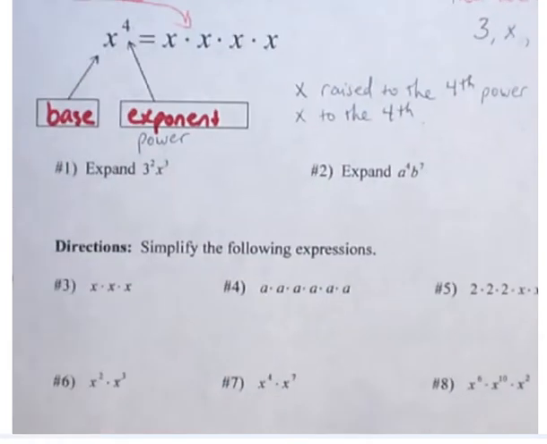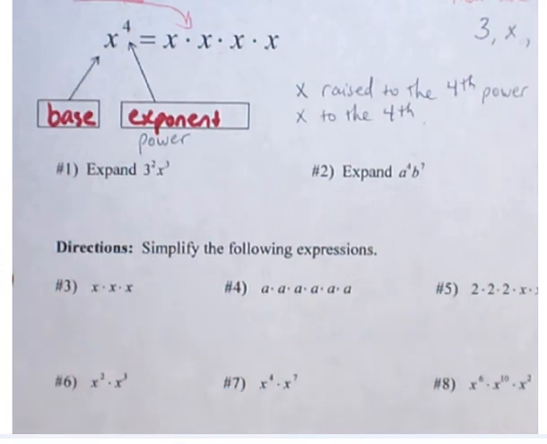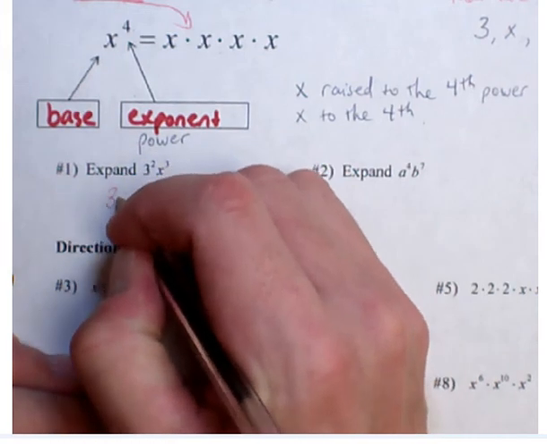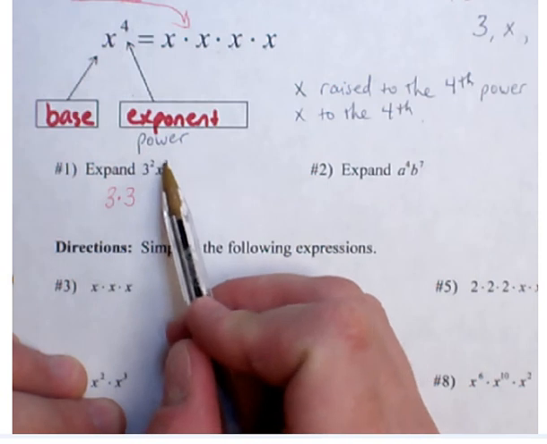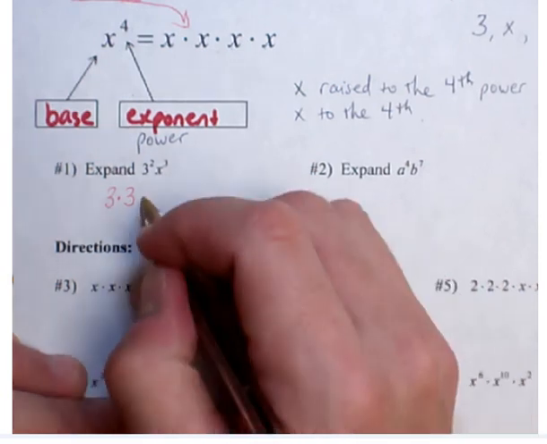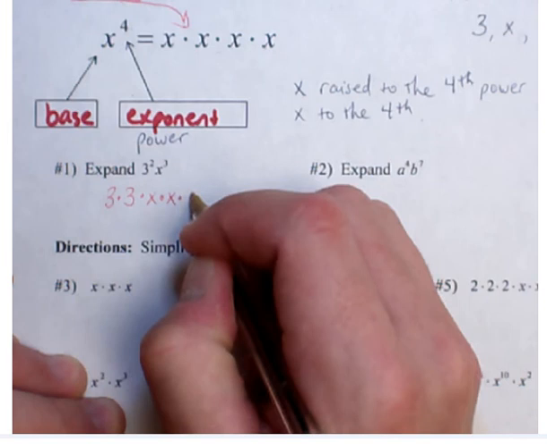Okay, example number 1, expand 3 squared x to the 3rd. Well, 3 squared means we multiply 3 by itself twice, 3 times 3, and then x to the 3rd power means we multiply x by itself 3 times.